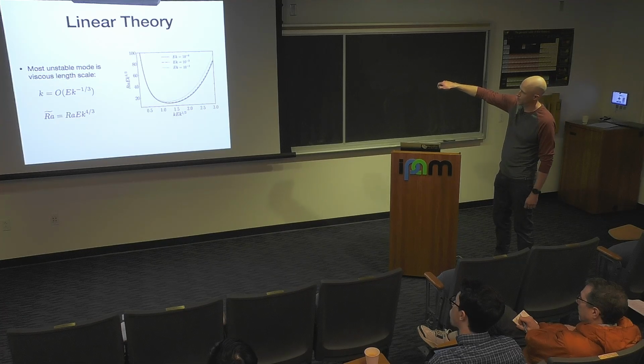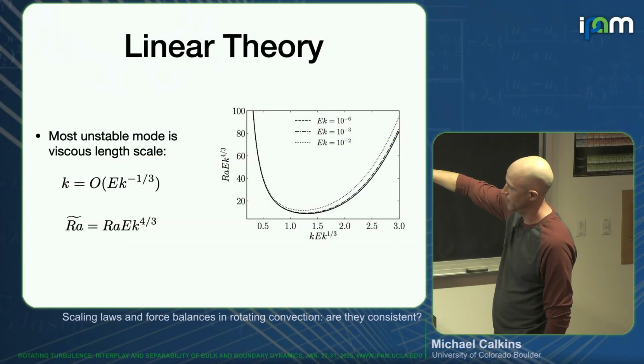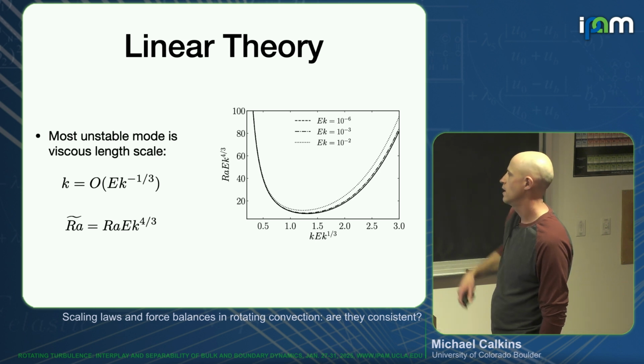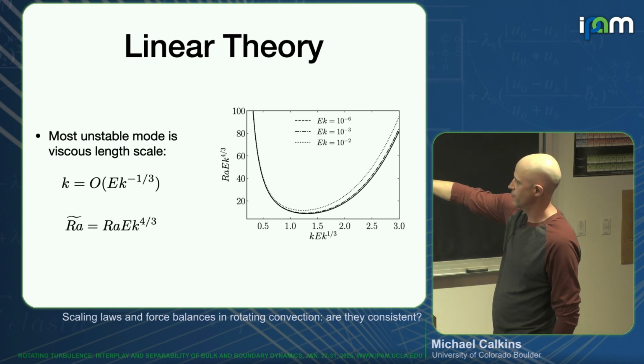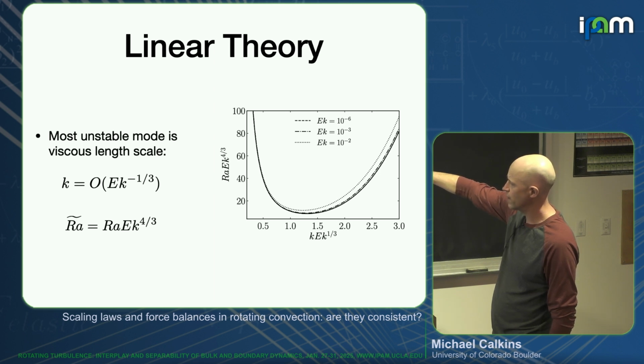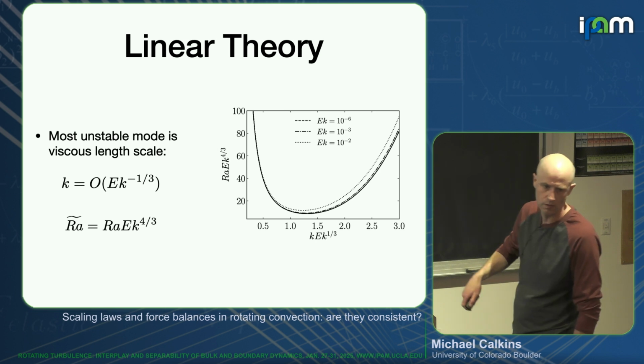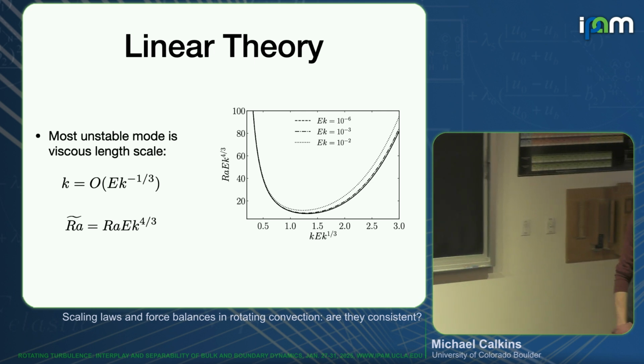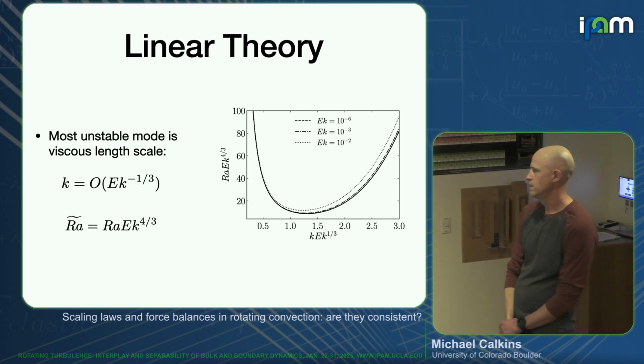This is reduced Rayleigh, and this is a reduced wave number. In these rescaled coordinates everything becomes order 1: the Rayleigh number is order 1, and the wave number is order 1. The peak here is about 1.3, and the critical Rayleigh number is about 8.7, and this has been mentioned a few times.